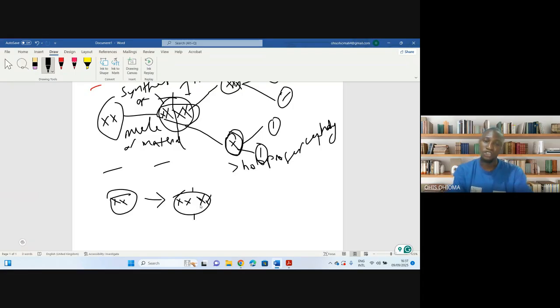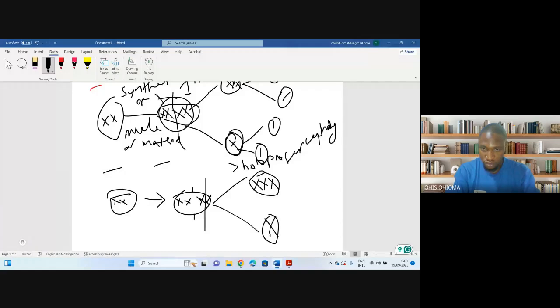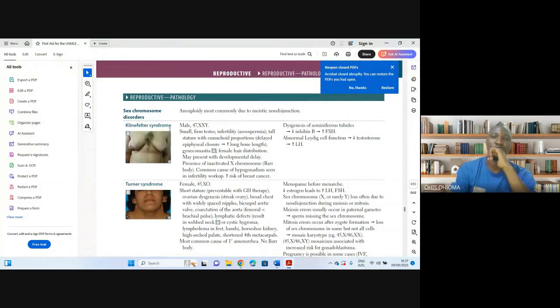But in non-disjunction, which is the primary pathophysiology of these sex disorders, the division will occur somewhere here. And so you have 2 cells with one having more chromosomes than the other. This one will have 3, and this one will have 1. And so that's what happens in sex chromosome disorders.